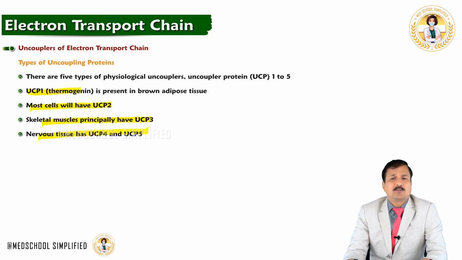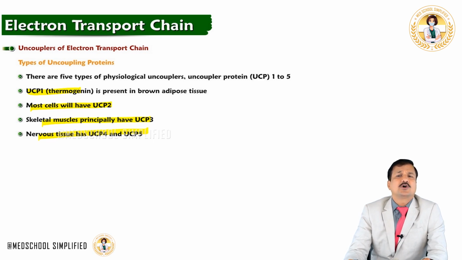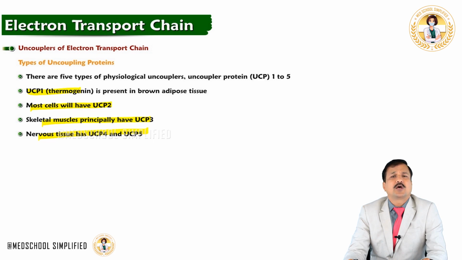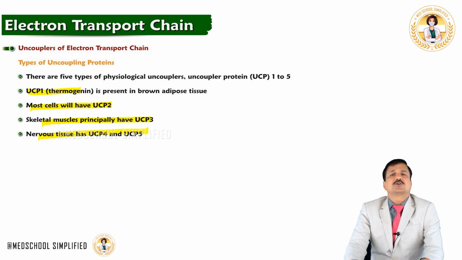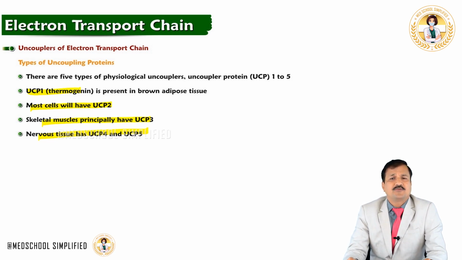Their basal metabolic rate will be much higher compared to another person whose electron transport chain is more efficient, because they don't express much of the uncoupling proteins in their tissues. So any person who expresses more uncoupling proteins has a higher basal metabolic rate, and generally doesn't put on more weight compared to a person who does not express much of the uncoupling proteins, whose electron transport chain will be much more efficient.